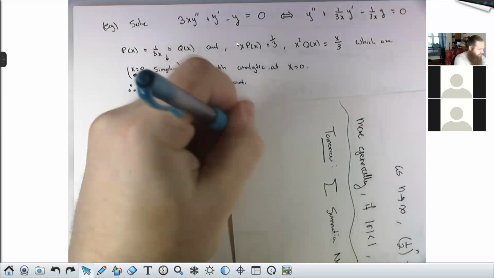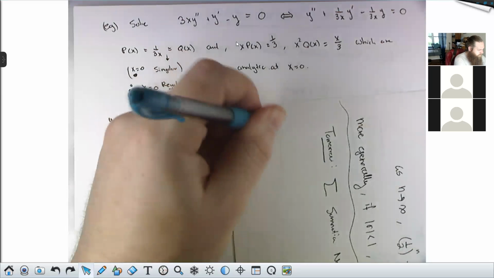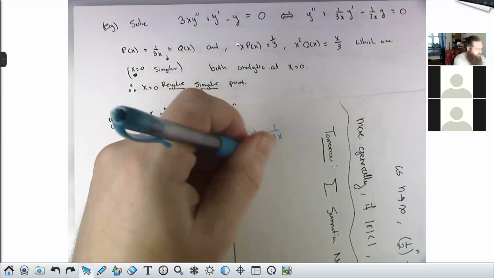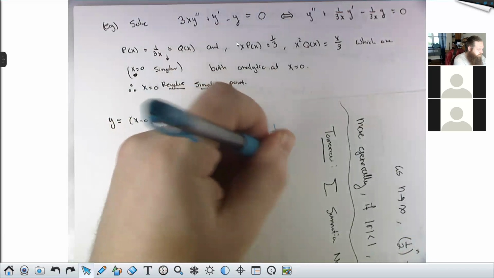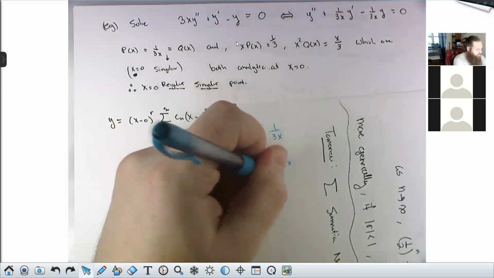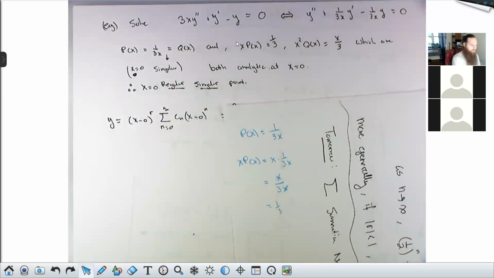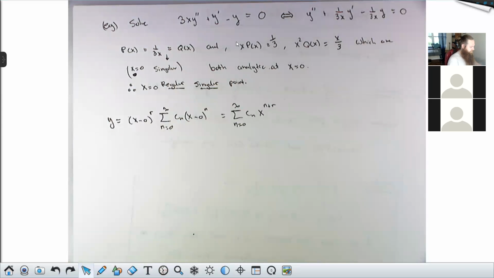So p of x is 1 over 3x. So x p of x is x times 1 over 3x, which is x over 3x, and the x's cancel, and you get 1/3. Okay, I see. Yeah, sorry, nothing too crazy. No, no worries.